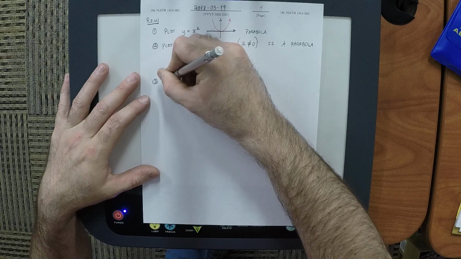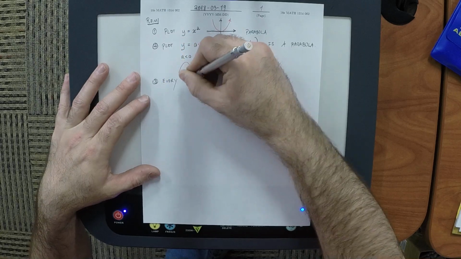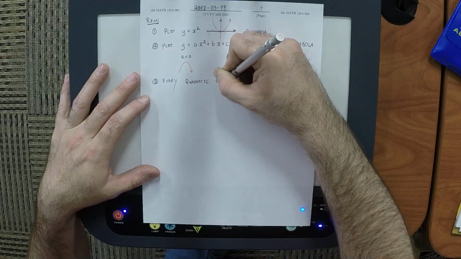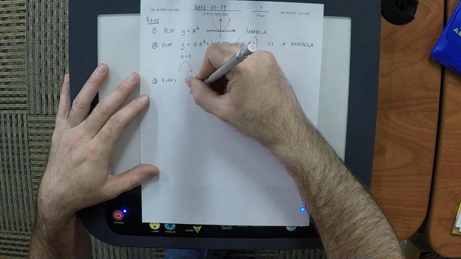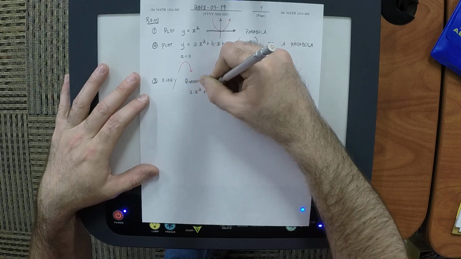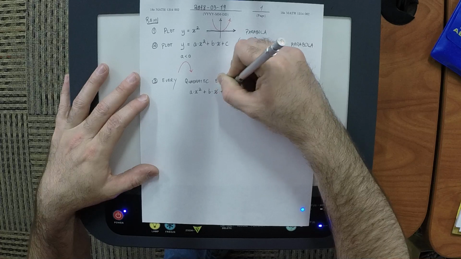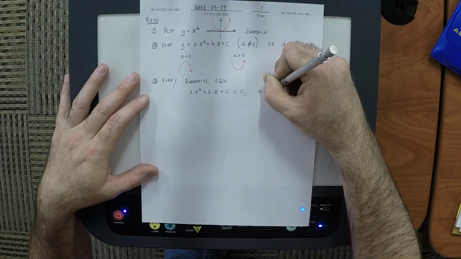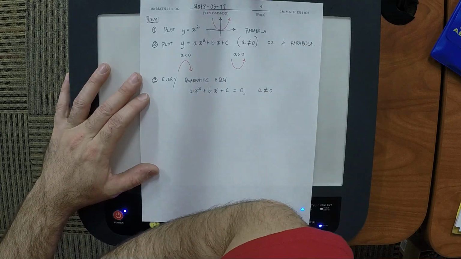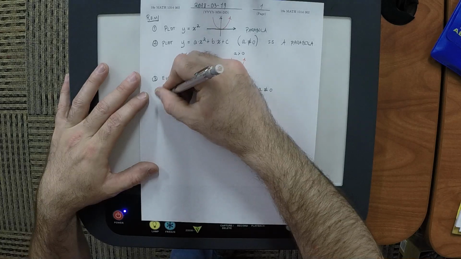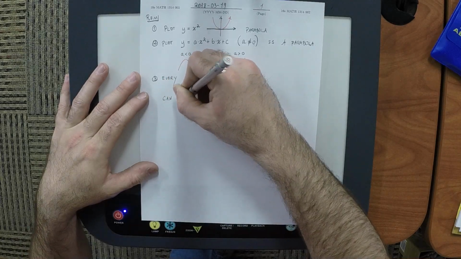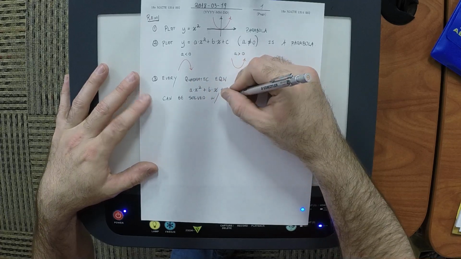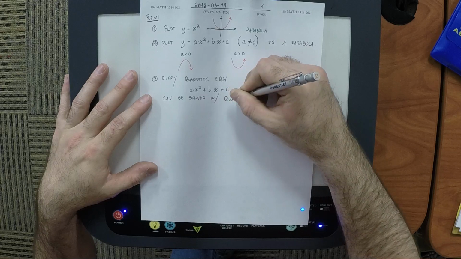Every quadratic equation a times x squared plus bx plus c equal to 0 with a non-zero a. So every conceivable quadratic equation can be solved with the quadratic formula.